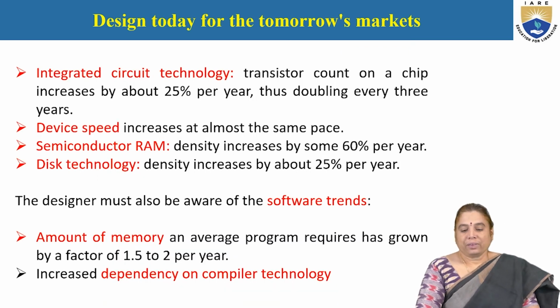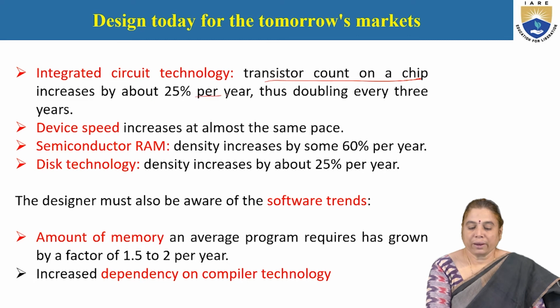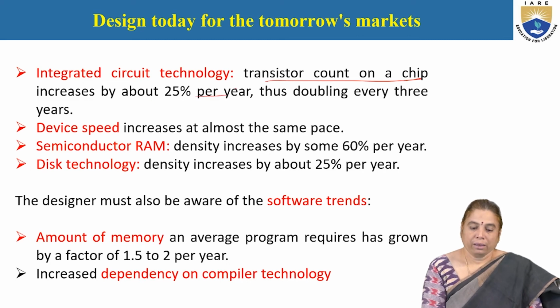While designing, we have to think about the future. Design today for tomorrow's market. The integrated circuit technology can drastically change. The transistor count on a chip can increase by 25% every year, and device speed also increases at almost the same pace.